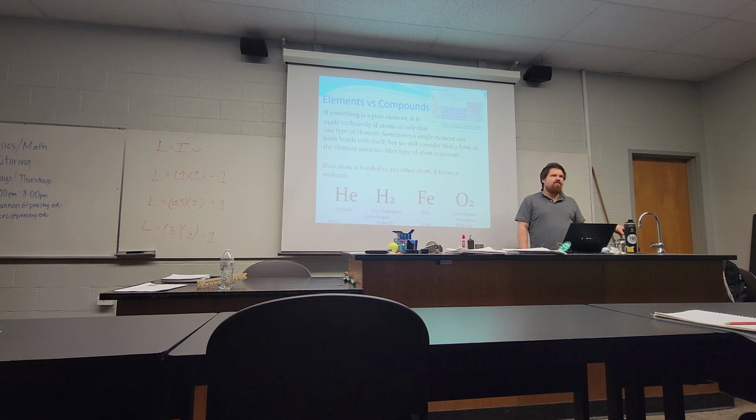It's like the squares and rectangles thing. All squares are rectangles, but not all rectangles are squares. So it's an element if there's only one type of atom present. It is a compound if there are multiple types of atom present. And compounds, pretty infamously, tend to have very different properties from the things that make them.